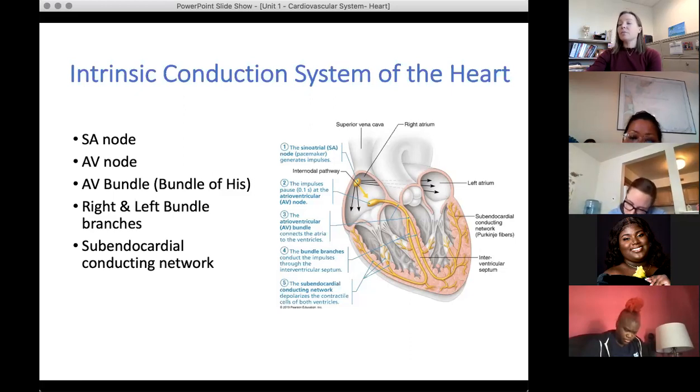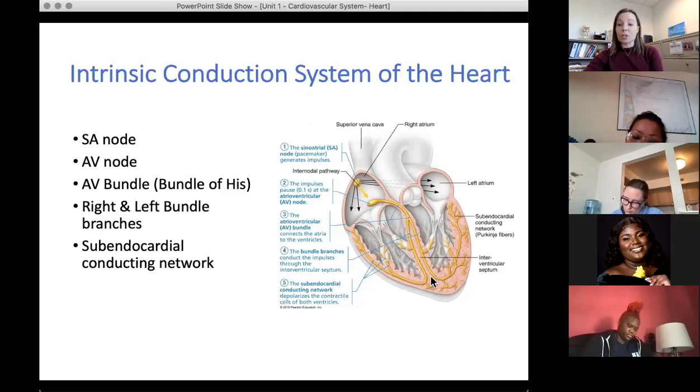And then finally, you have the last part, the subendocardial conducting network. It's a long name, but these are just the branches that spread up through the ventricular walls.